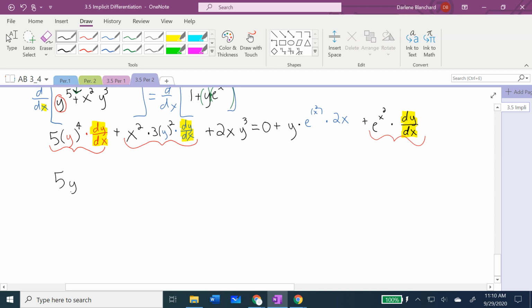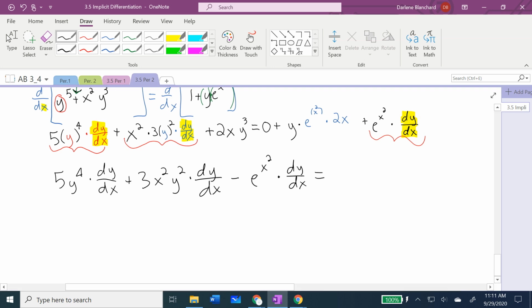I have 5y to the fourth times dy dx plus 3x squared y squared times dy dx. And then minus e to the x squared times dy dx. And then who I don't have underlined in red is who needs to be on the right side.